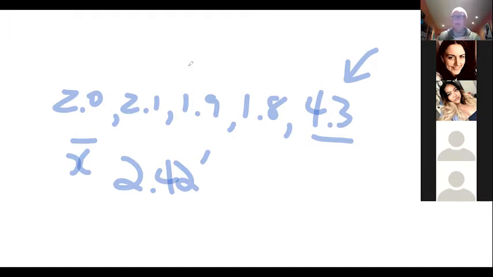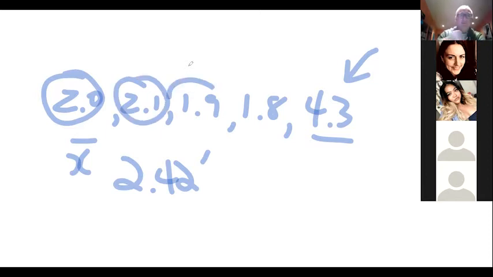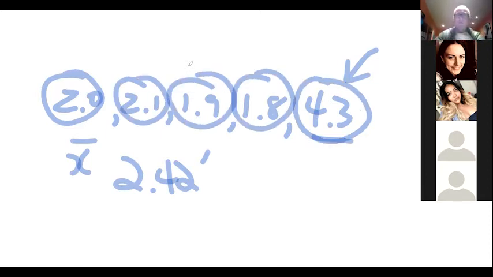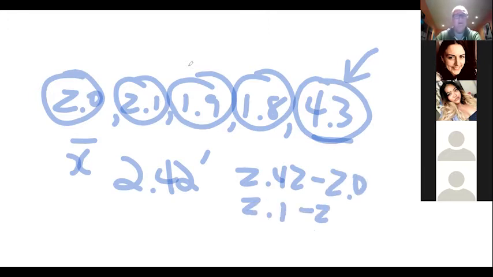So basically what we're going to do is just subtract each one of these numbers from the mean, and we're going to determine what the deviation is. So that would be 2.42 minus 2.0, 2.42 minus 2.1, and so on and so on. 2.42 minus 1.9. So we take each one of those deviations, okay?